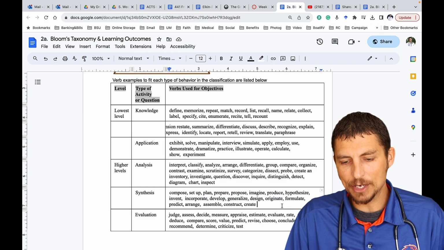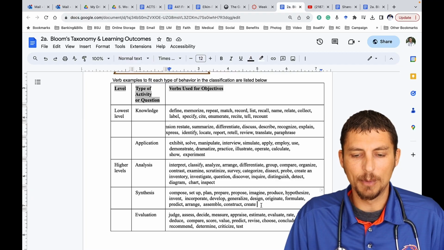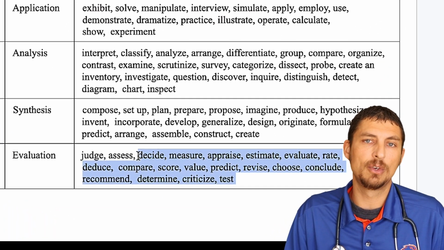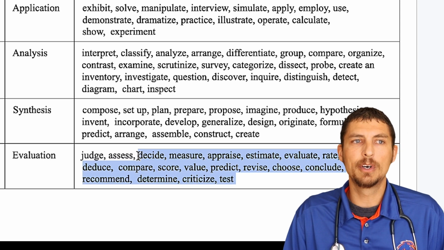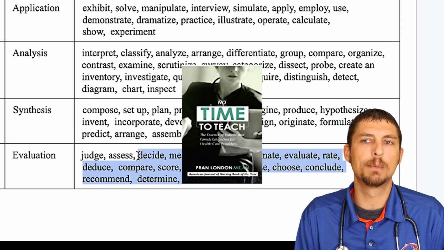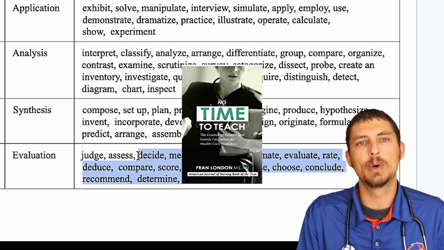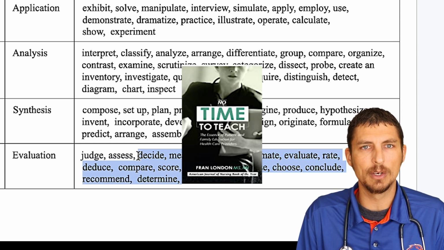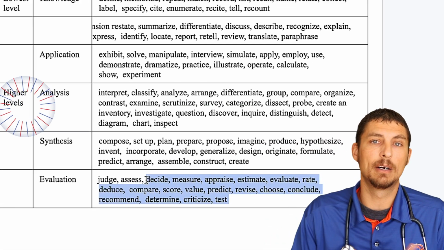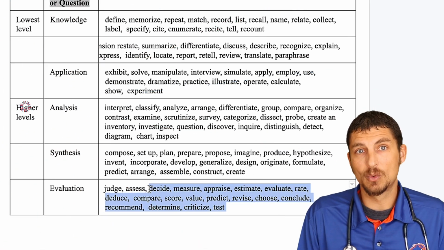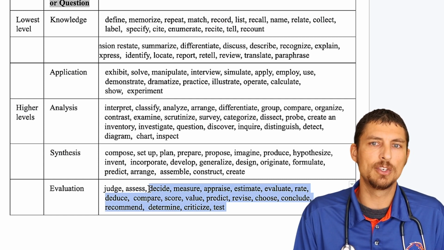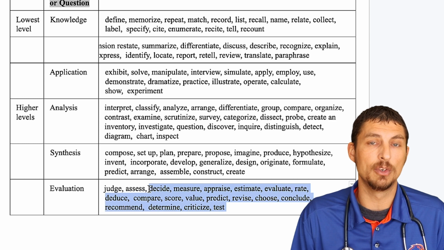Other action verbs you can see here are listed, and some of them are going to be very specific to an assessment, whereas others, you're going to have to be a little bit more creative, and that's where our text for the week comes into play: how am I going to be able to assess this student on this type of action verb as we get to those higher levels of learning? And that's why this course is called Teaching Techniques, because we're going to provide you with some ideas for how you can do that.